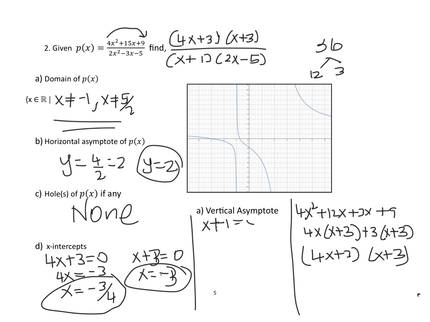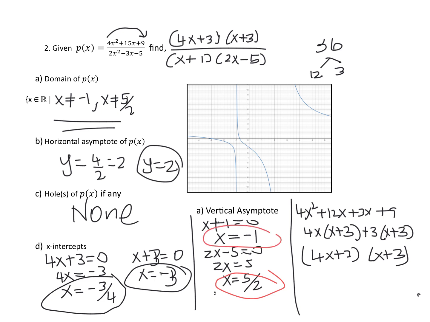I solve it, so I get x is equal to -1. That's my first asymptote. And the other one is 2x minus 5 is 0, so 2x is equal to 5, so x is equal to 5/2. So those are my vertical asymptotes. I have 2 of them.